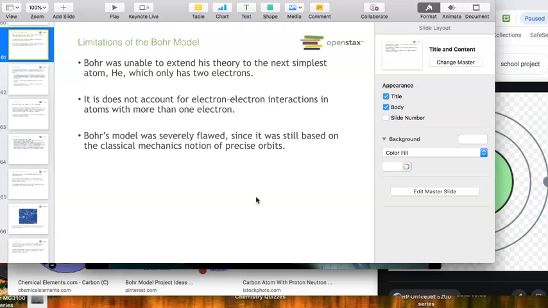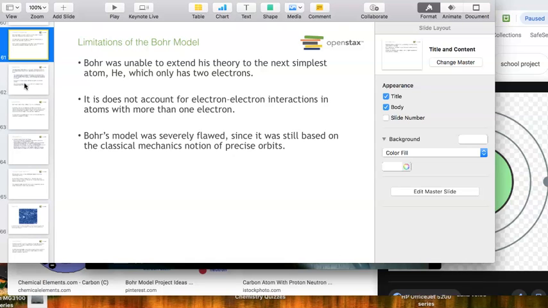Bohr's model was flawed because it was still based on classical mechanics. He did explain how electrons have discrete energy values, and how they can go from one energy value to the other.